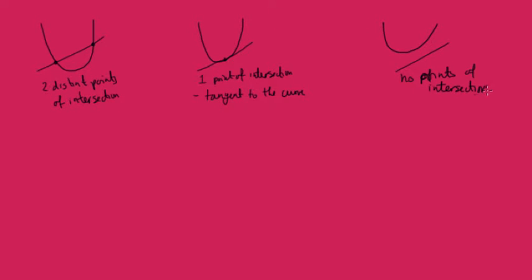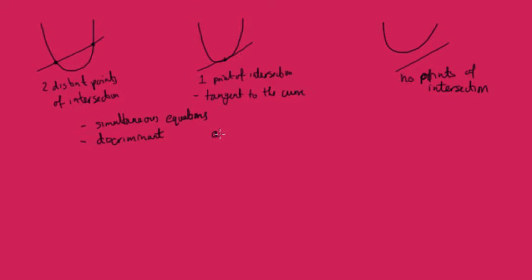Before, we were looking at these situations and we solved their simultaneous equations. Now, to find the points of intersection, we're going to use the simultaneous equations, but we're also going to solve the discriminant for the simultaneous equations.